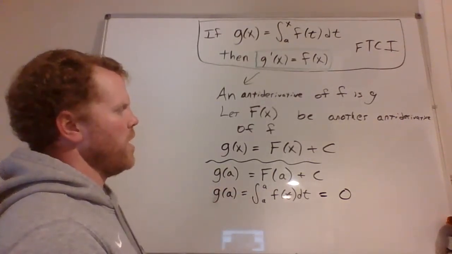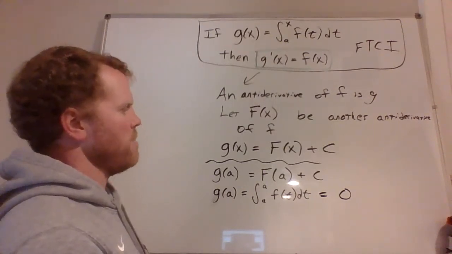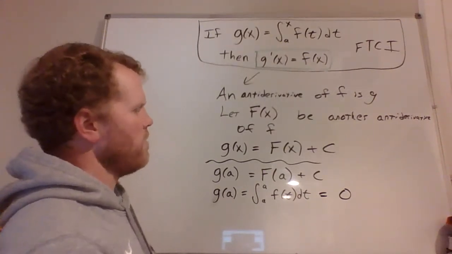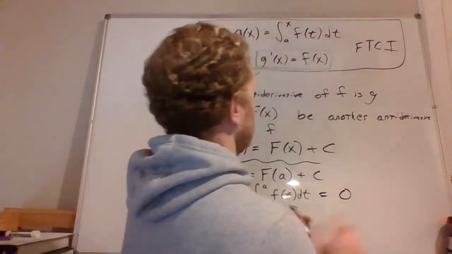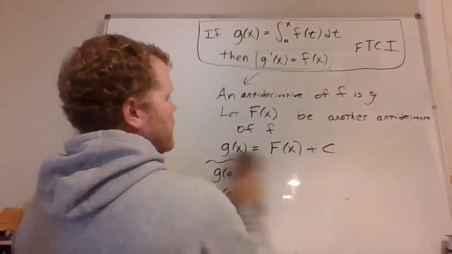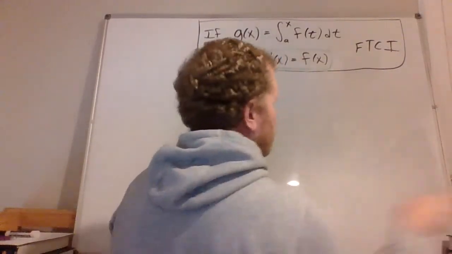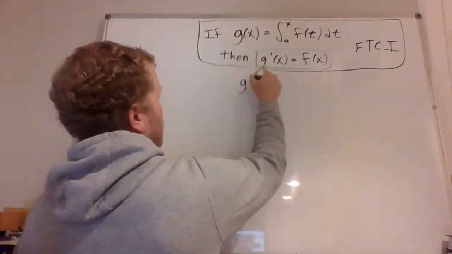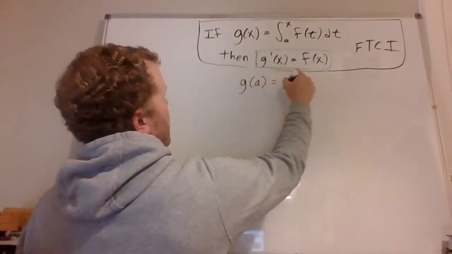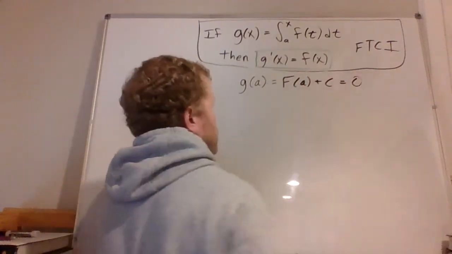So far what we know is that g of a, aka F of a plus c, is equal to 0. Let's toss this in our little bank of info. I'm going to write this down to get some more room.